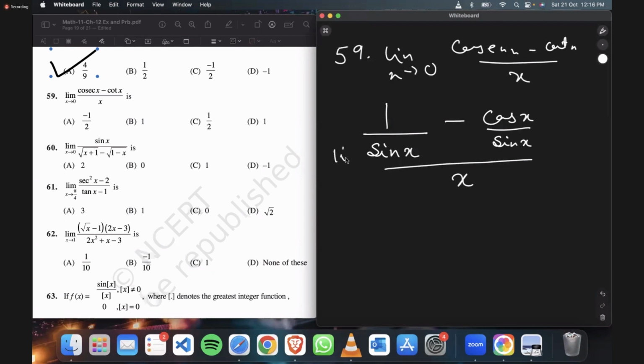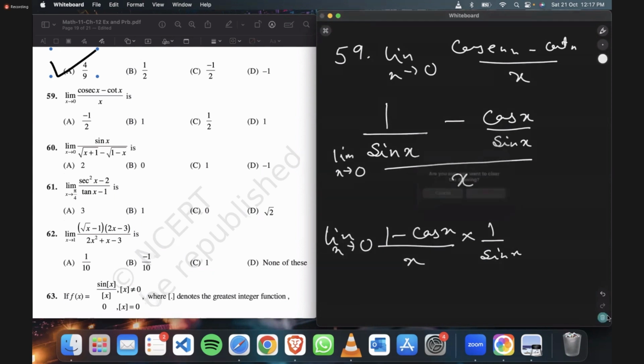My limit x being equated to 0, so 1 minus cos x upon x into 1 upon sin x. Yeah, and the limit is also there. So let's see what we can do from here.